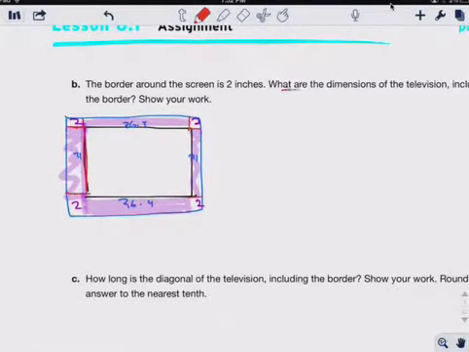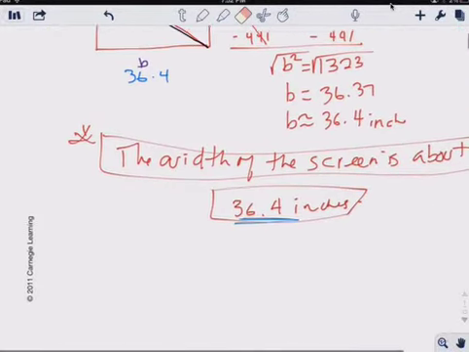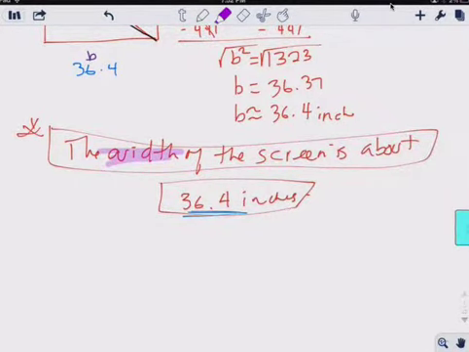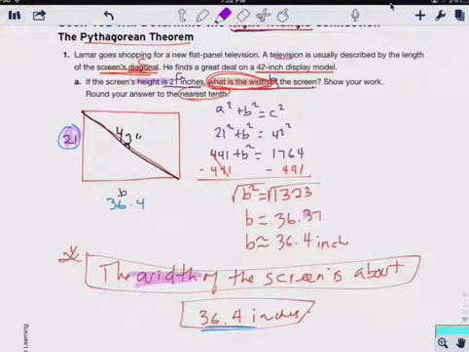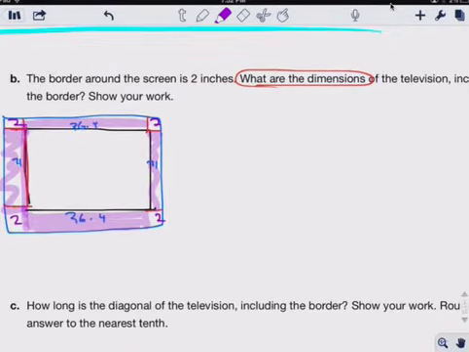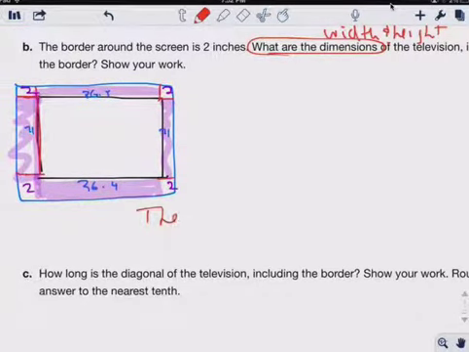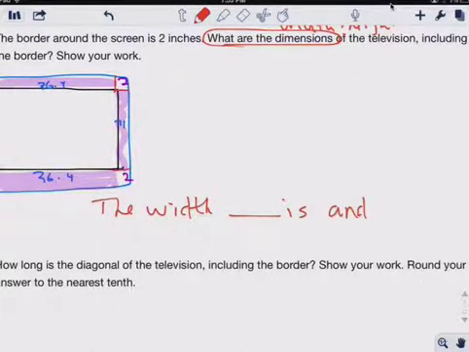What are the dimensions? They're asking for the width and height.